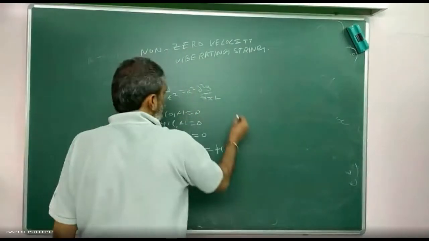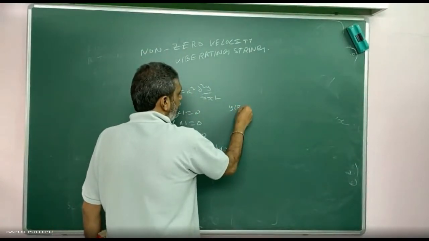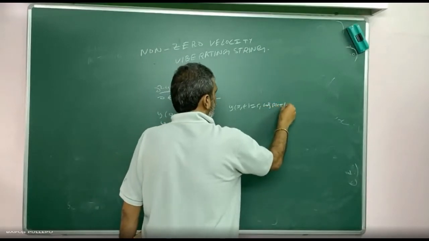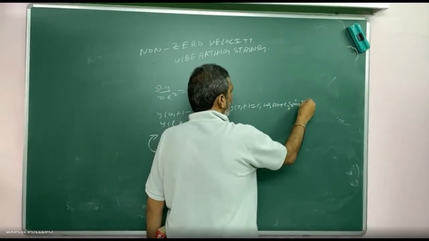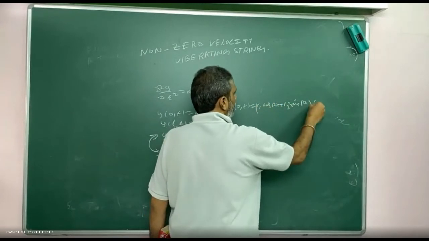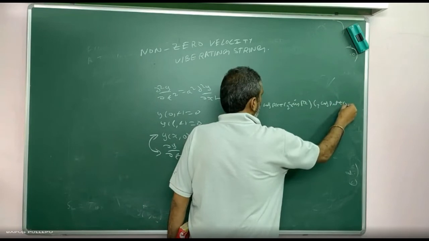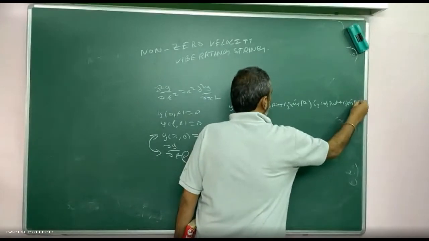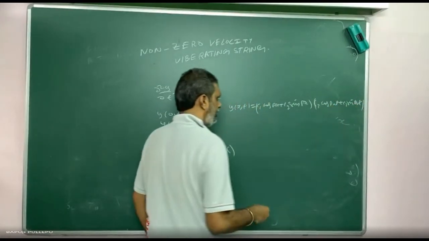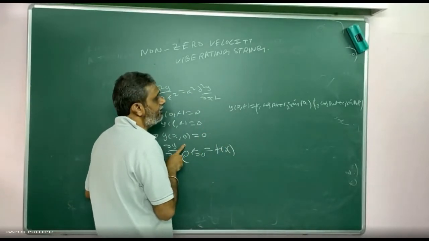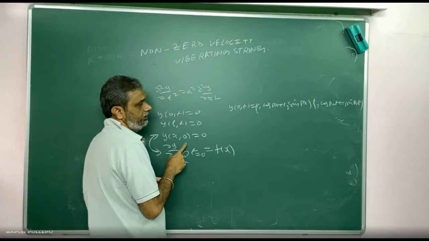The general solution is the same story. y of x comma t is what? C4 sin pt. Same story. For the first condition, this is what you will get, and this is important actually.